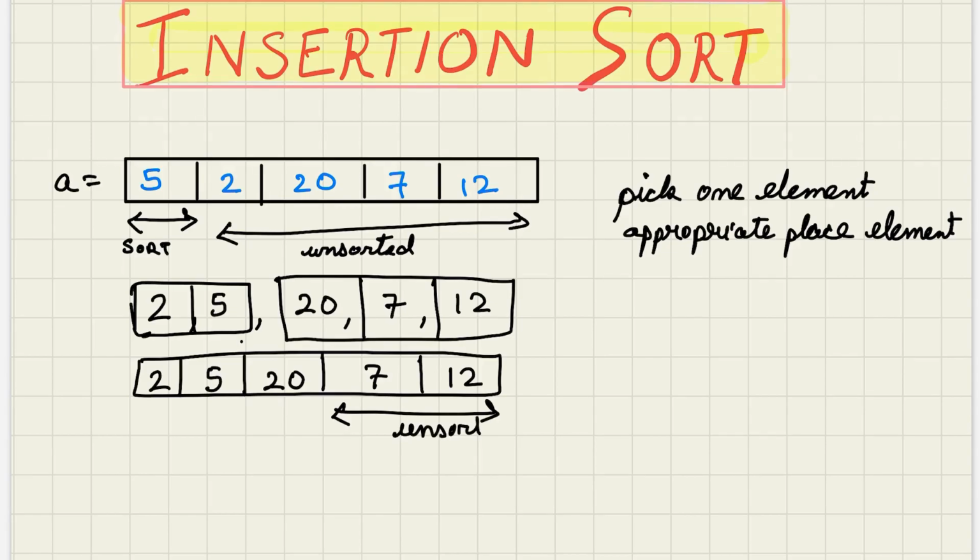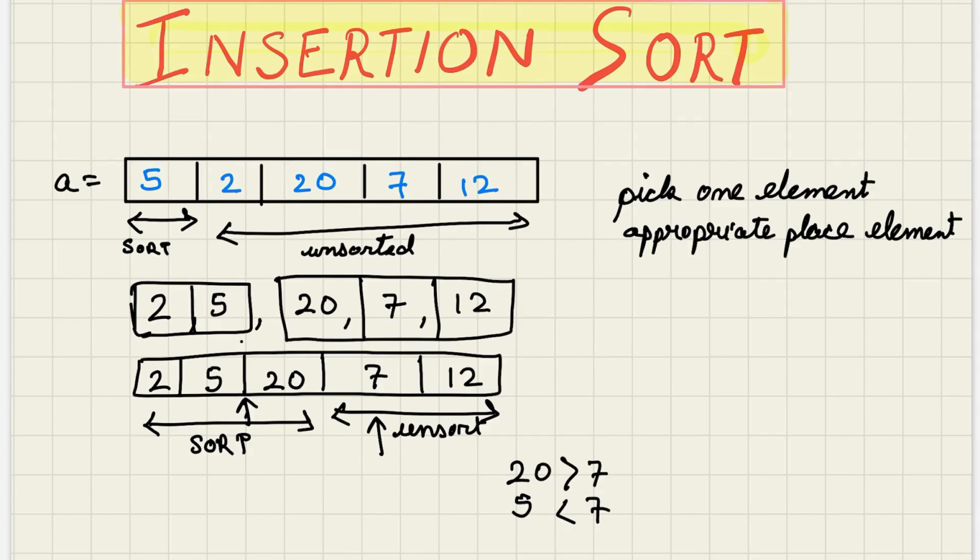Now I will pick up my next element, that is 7, and put it inside my sorted list after finding at which place I need to put it. Now 20 is greater than 7, right? So it should come before 20. I will check for 5. 5 is less than 7, right?